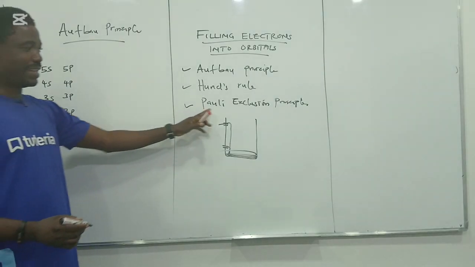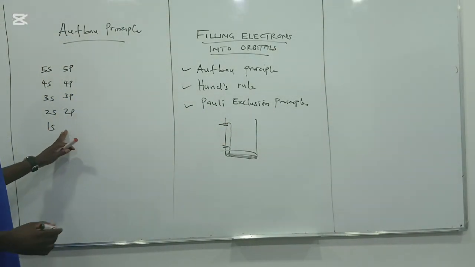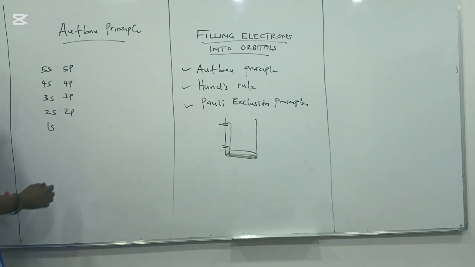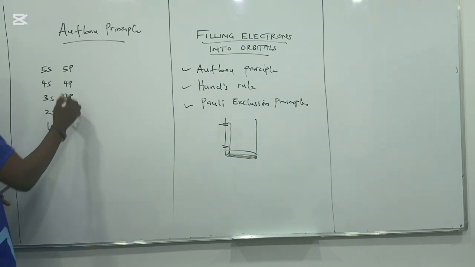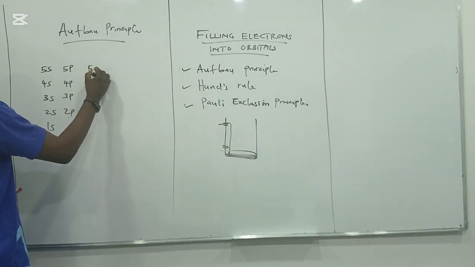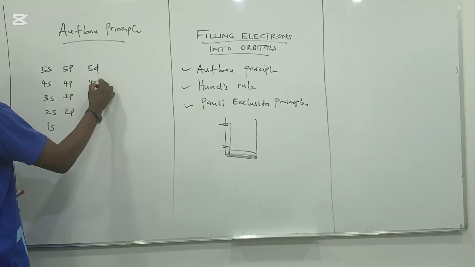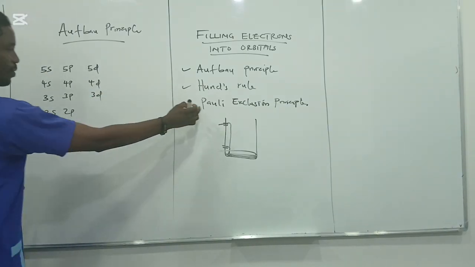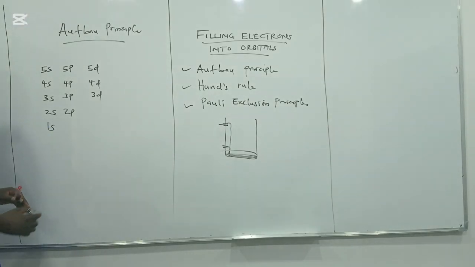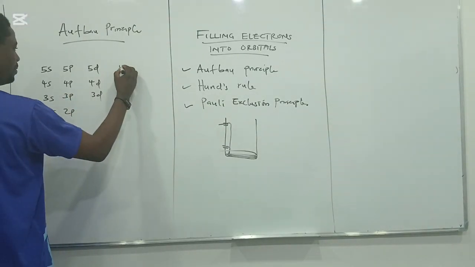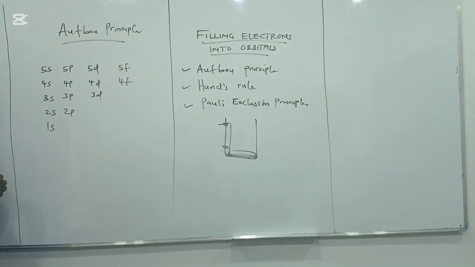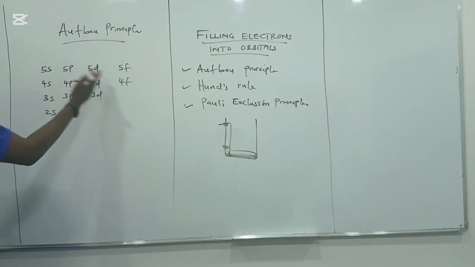When we get to Pauli exclusion principle, I'm going to explain exactly why we don't have 1p. After p, we have d. Let's say 5d, 4d, and 3d. For the same reason, we don't have 2d. When we get to Pauli exclusion principle, we'll sort that. After d is f, 5f, 4f. We don't have 3f. Now, these are the orbitals, or subshells.